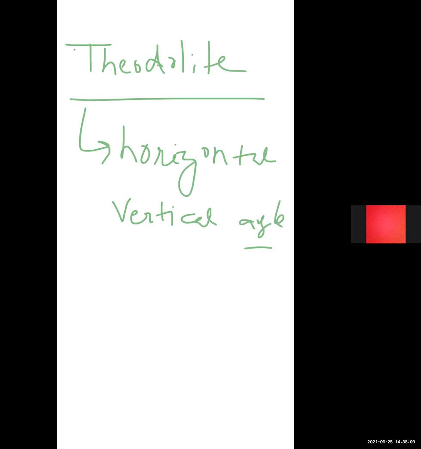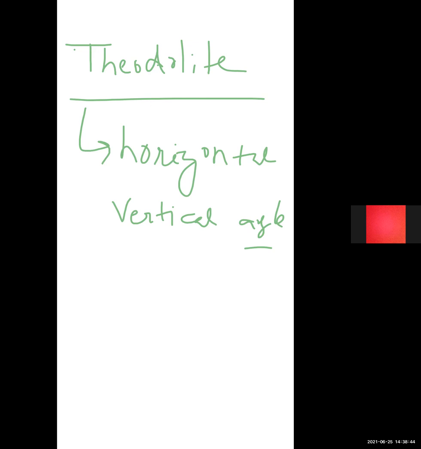There are two types of theodolite. First is the transit theodolite. Second is the non-transit theodolite. We generally use the transit theodolite. A transit theodolite is one in which the line of sight can be reversed by revolving the telescope through 180 degrees in the vertical plane.